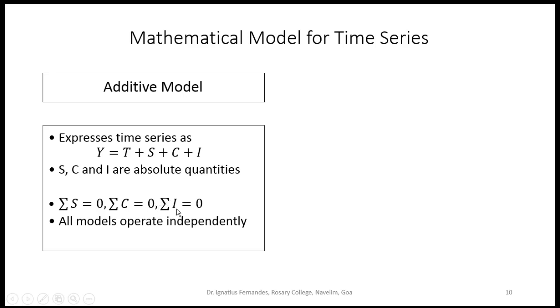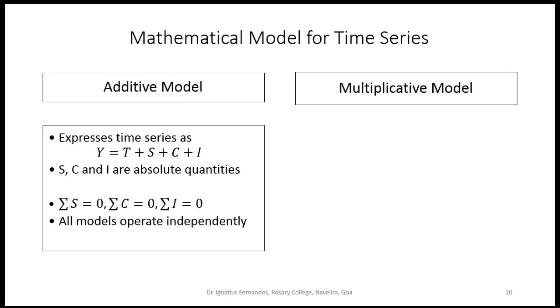And the same way, the sum of all the random fluctuations over that period of time is going to be equal to 0. So the seasonal, cyclical, and random variations are assumed to be absolute quantities. It is also assumed that all these components operate independently. So this is how an additive model is designed.